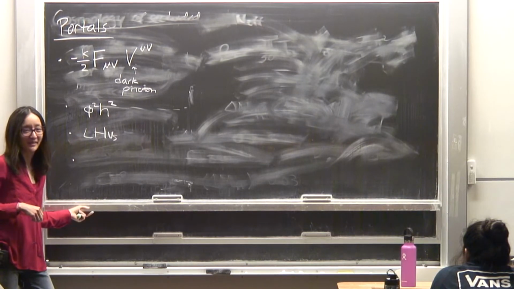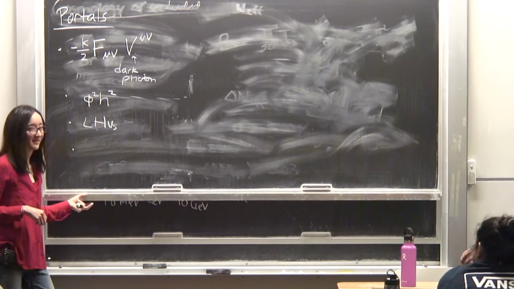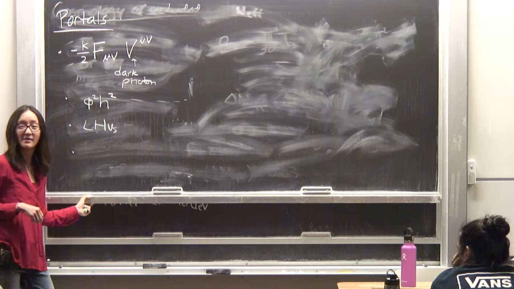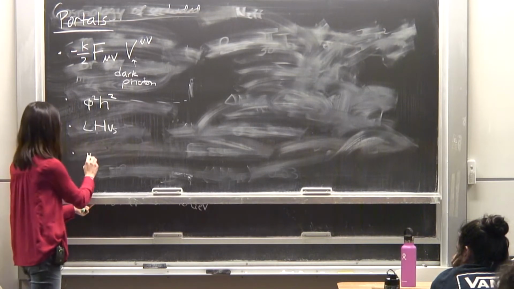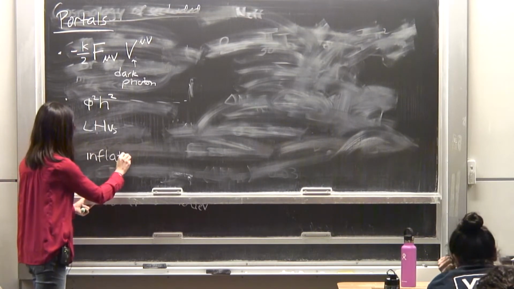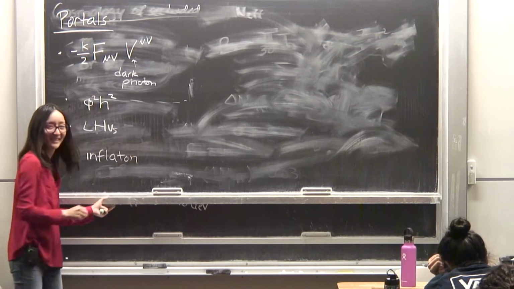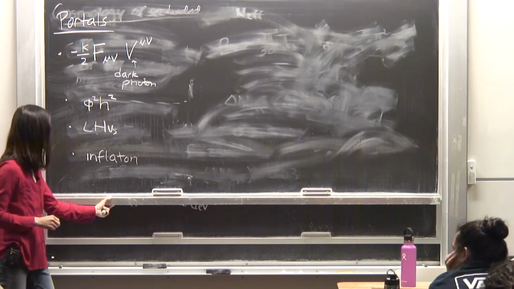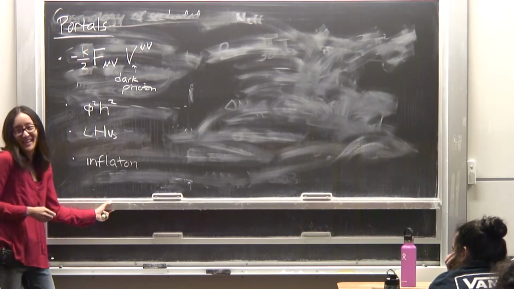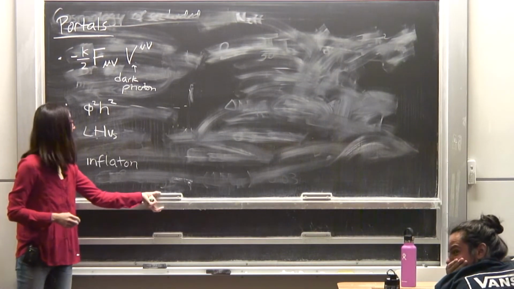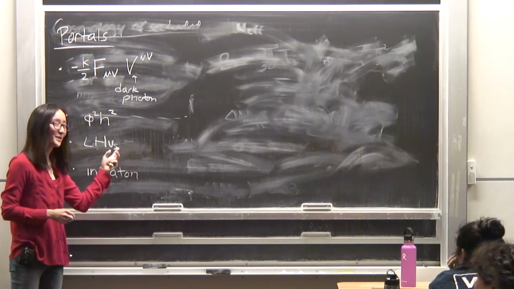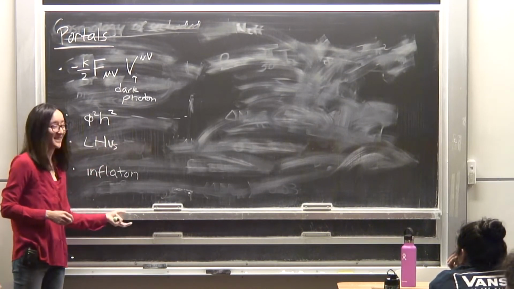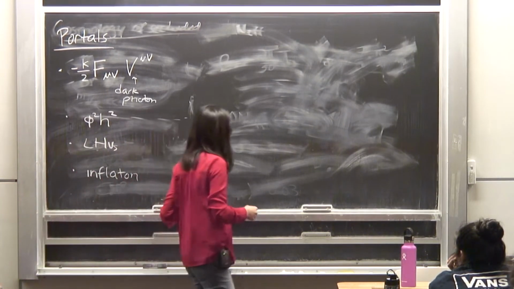Nobody likes other portals. Inflaton? Oh, I don't know what that one is. I'll write it down. What is it? Okay, it couples to the inflaton. Most of these portals are portals to the standard model, but I guess you can say the inflaton is in the standard model. But that's fine.